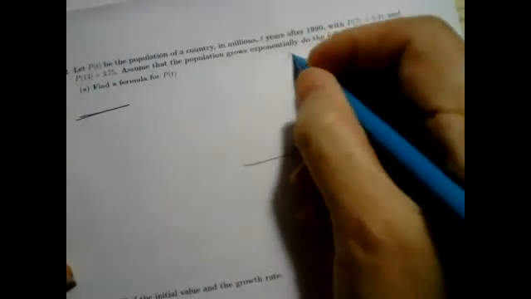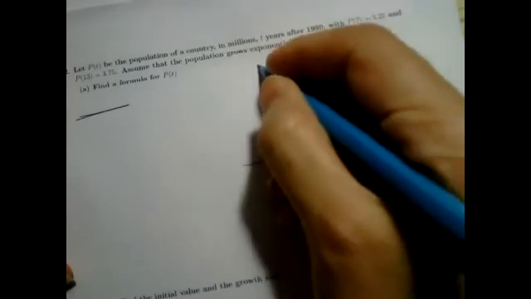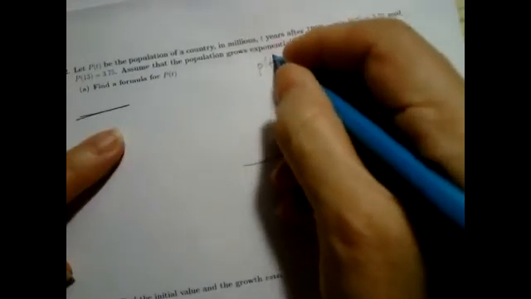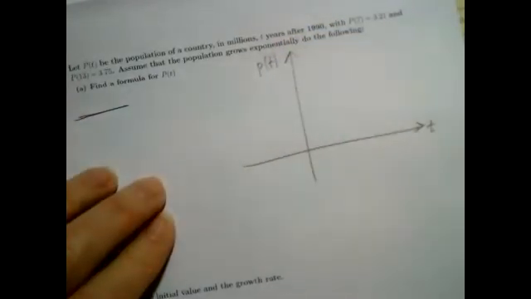Okay, so that's the problem. So we have a population and what's given to us is time and population. We called it P of T because P stands for population.